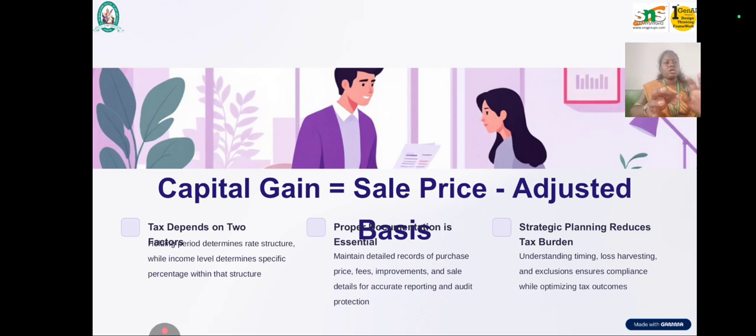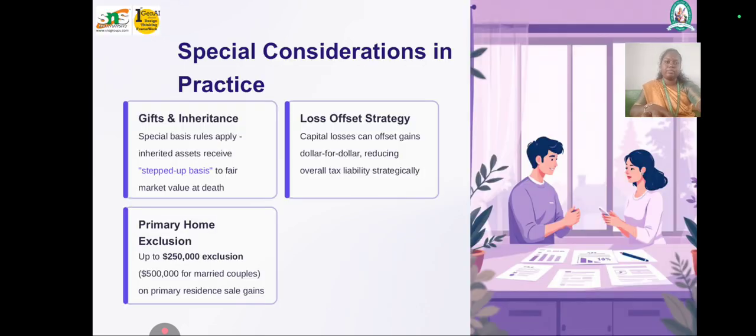Second one is documentation. Maintain detailed records of purchase price, fees, improvements and sale details for accurate reporting and audit protection. And third, strategic planning reduces tax burden: understanding timing, loss harvesting and exclusion ensures compliance while optimizing tax outcomes. So these are the process of capital gain computation.